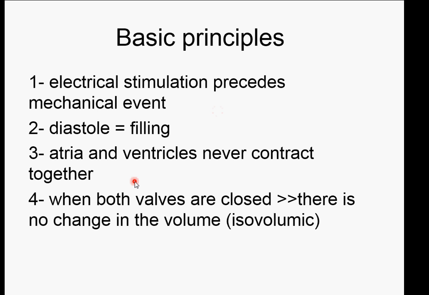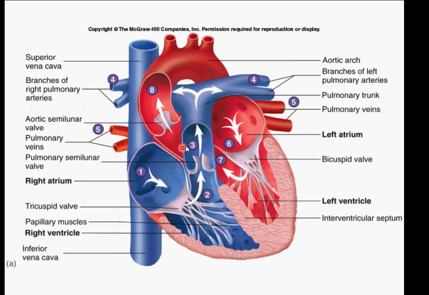Now, the atria and the ventricles never contract together. Once the atria are contracting, the ventricles should be relaxing, and when the ventricles are contracting, the atria should be relaxing. The contraction of the atria and the contraction of the ventricles will never happen together normally.